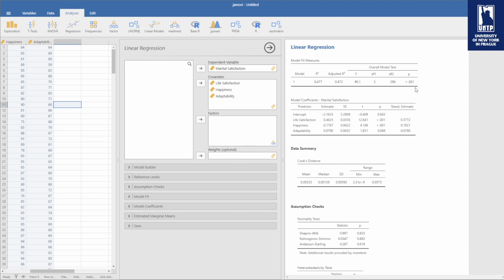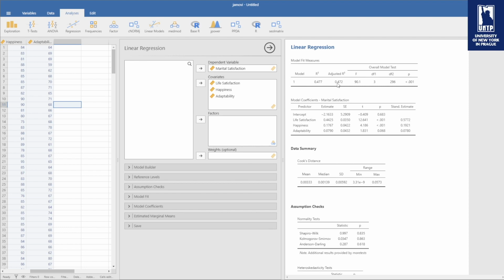Well, we checked that through the adjusted R-square. As you can see from here, this is a percentage score, we can say that all these predictors explain 47.2% of the variance in marital satisfaction. So if our counselor's hypothesis was that all of them would significantly predict marital satisfaction, well, he was correct.